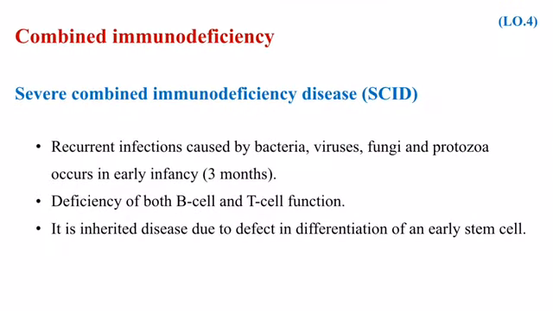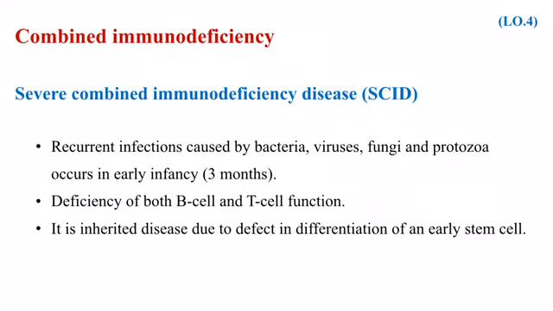Now the combined immunodeficiency. Severe combined immunodeficiency disease, SCID, that means a defect in humoral and cellular immunity, in B and T cells.